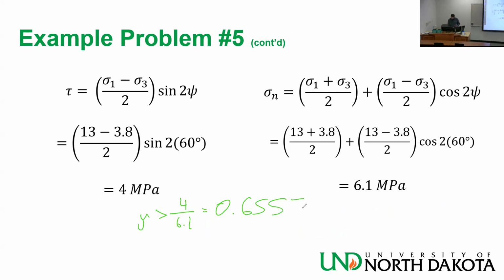Of course. 0.6557. So that's a logical value. It's within the range. We said around 0.6 to 0.8-ish. You can go a little bit lower, but don't go too low.